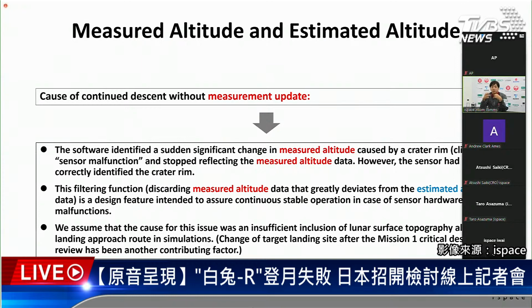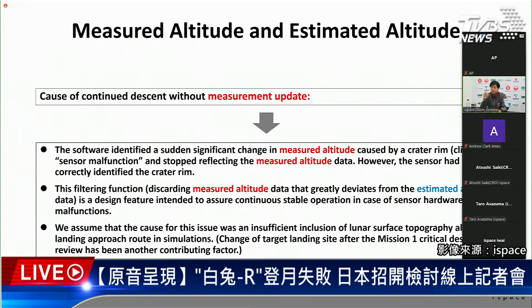This design itself was our intention. But the point is we could not correctly reflect the lunar terrain and topological information into our detailed software tuning settings.